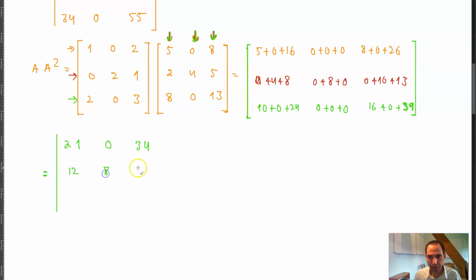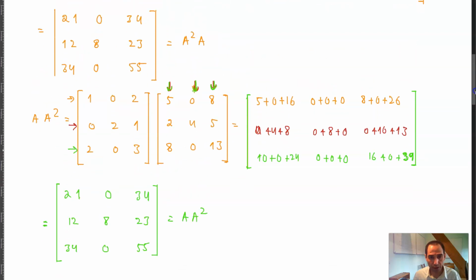That's an 8. 23. 34. 0. And 39 plus 16 is equal to 55. And then you have your matrix here. So this is the same thing as A times A squared.